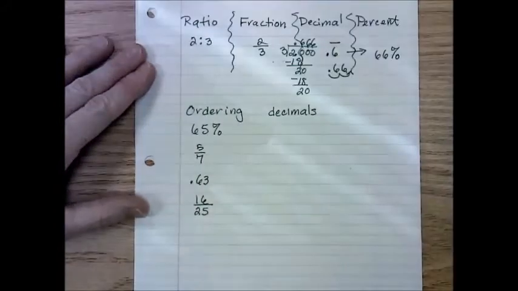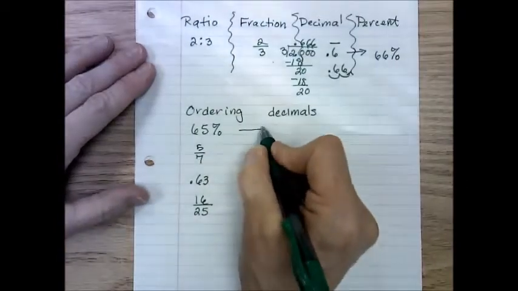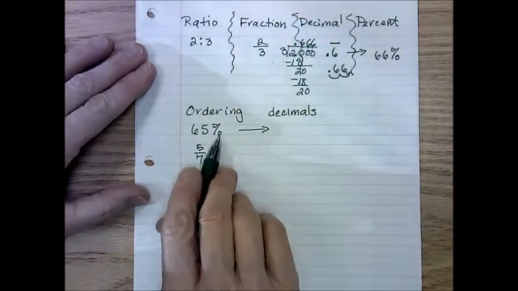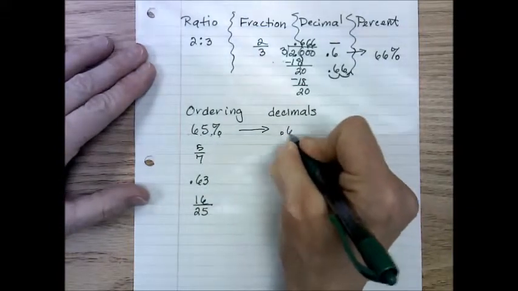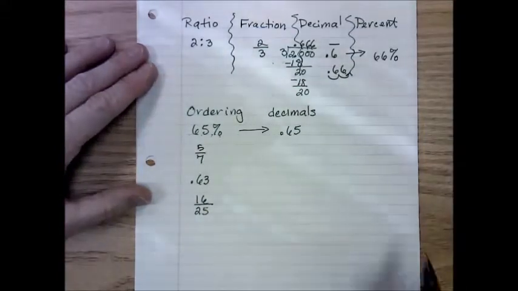So if you have a chart, you can do that on the chart. We might be pretty good at it by now. We know to change a percent to a decimal, I move the decimal point 2 places to the left. So this would be the same as 0.65.